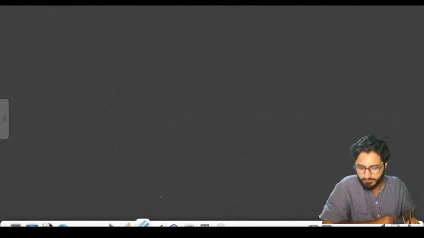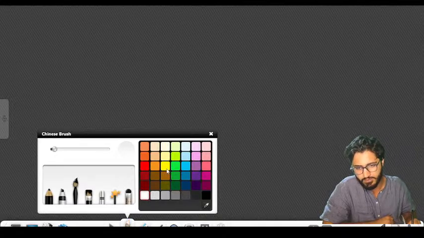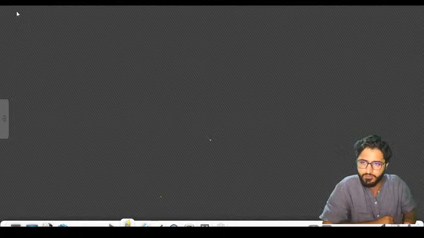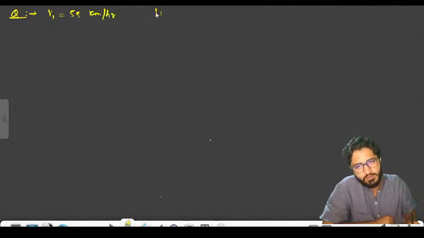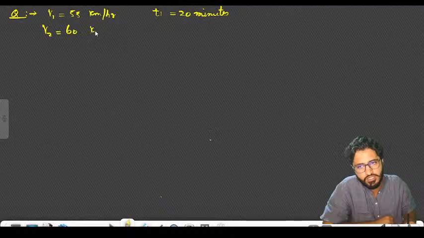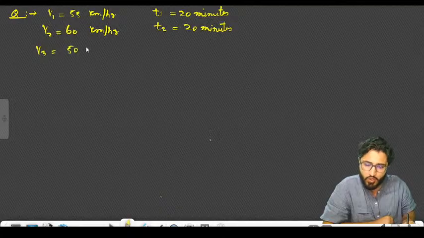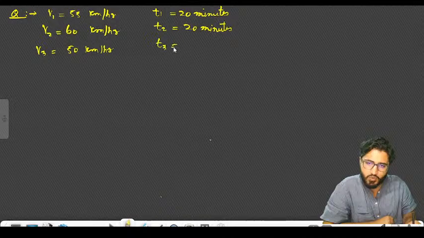Suppose the question is: a person moves with 55 km per hour for the first 20 minutes, then he moves with 60 km per hour in the next 20 minutes, then the person moves with 50 km per hour in the next 20 minutes.